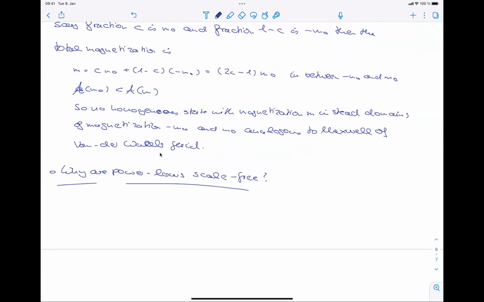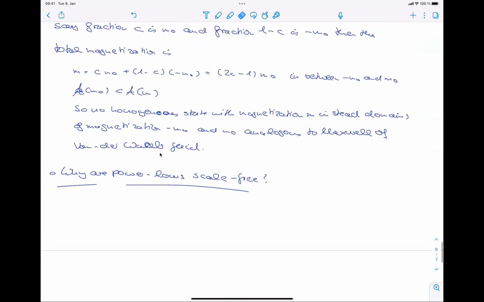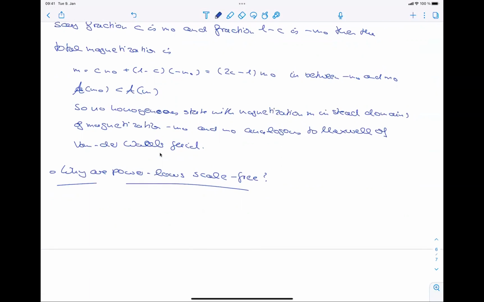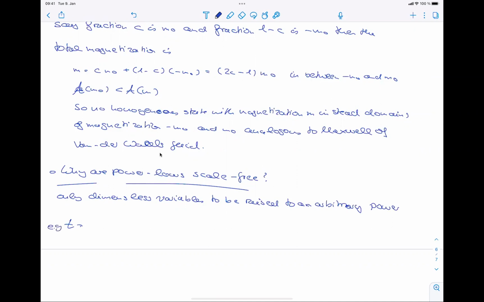Okay, so what we're doing here is, first of all, when we're looking at critical exponents, there are only dimensionless variables to be raised to an arbitrary power. So that's why we, for example, use the reduced temperature, which is non-dimensional.